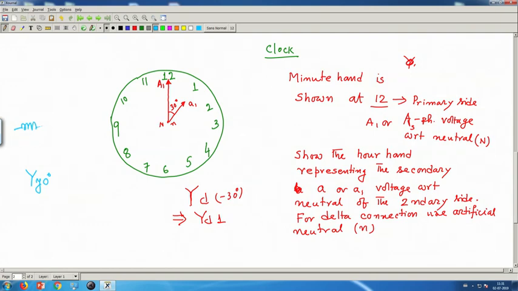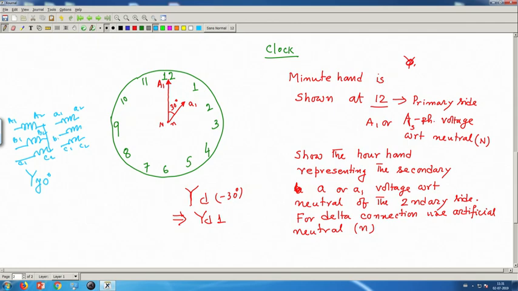It means, okay, these are the primaries, you short this, these are the secondaries, this is A1, A2, B1, B2, etc., C1, C2, small c1, c2.